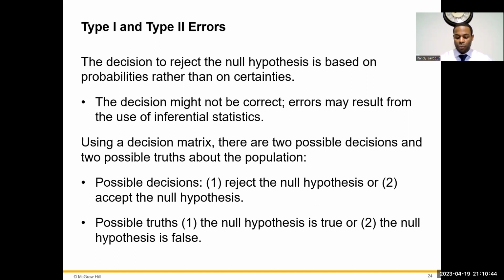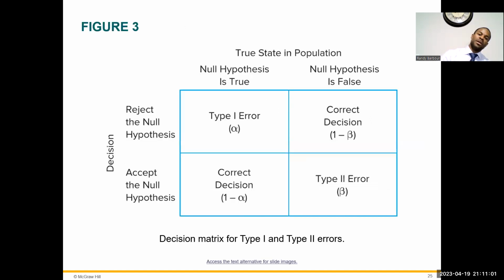And again, the level of our ability to make these decisions accurately is based on the research that we design. Our studies help give us a better opportunity to be more accurate in the decisions that we make.